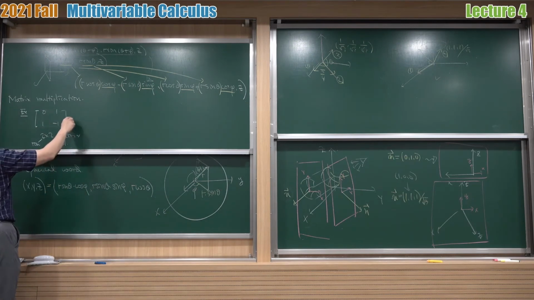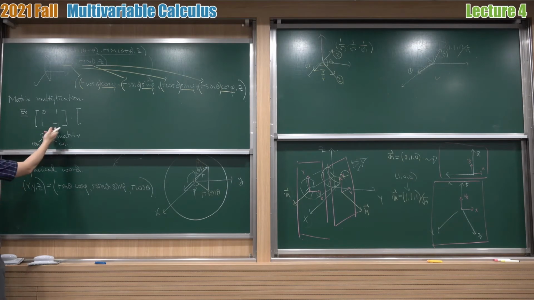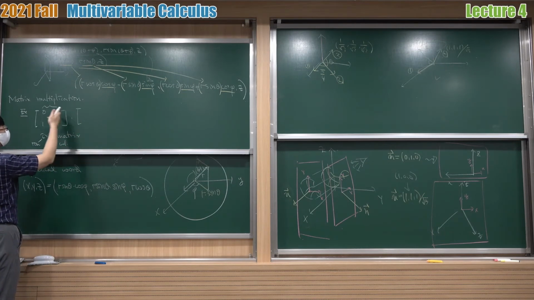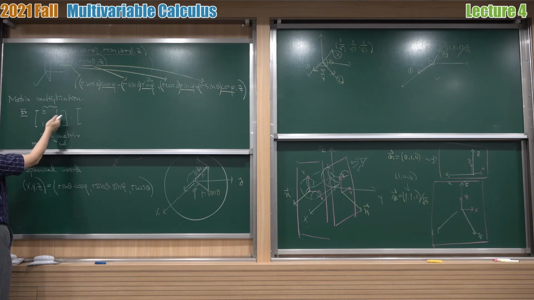Now I can make a multiplication with a matrix if the order of multiplication satisfies the following. We have 2 columns, right? Then the matrix that you're going to multiply on the right should have the same number of rows as the number of columns in front.